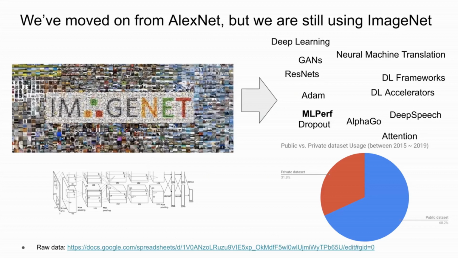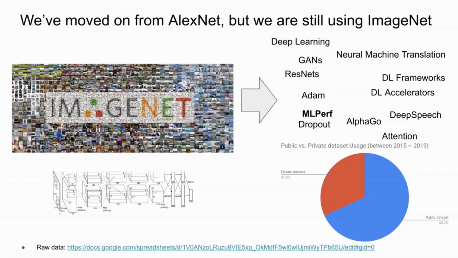In those days we would evaluate models on CPUs, and we'd be using models that were inspired by LeNet, like old ConvNets from the 90s. The models that we have now are substantially more advanced, and the systems that we use to run those models are substantially more advanced. But we're still using the same data sets. So we moved on from AlexNet, but we're still using ImageNet.